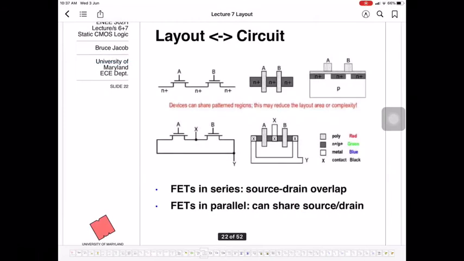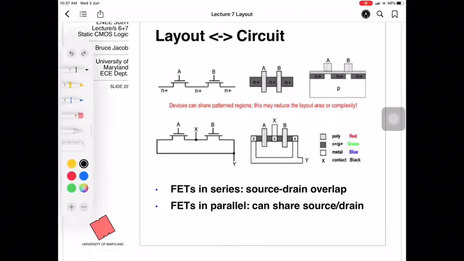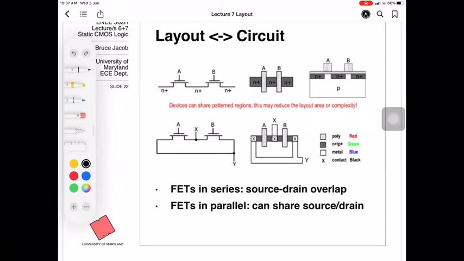So now we are going to look at different ways to make your design even more compact. Alright, so we look here to the first one. You have two transistors in series, right?